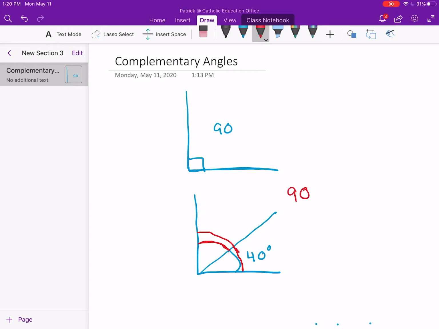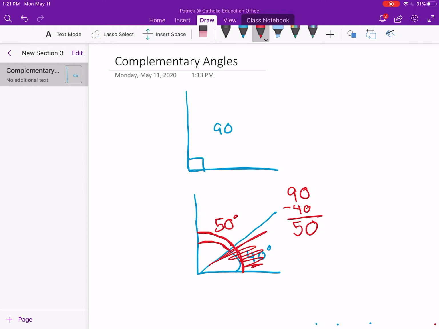We know this section is 40 degrees. So if we take this 40 away from 90, then that will leave what is left over here. So 0 take away 0 is 0, 9 take away 4 is 5. So that means this side over here is 50 degrees.